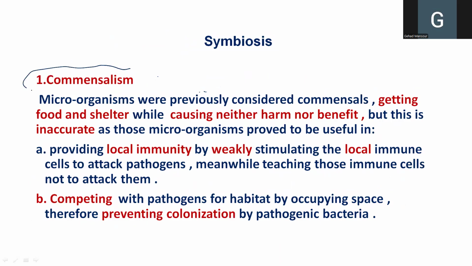Commensalism is actually nowadays seen as a rarely applied relationship, because what does commensalism mean? It means that the commensal will get benefit in the form of what? In the form of food and shelter. But on the other hand, it neither benefits from the relationship nor is harmed.